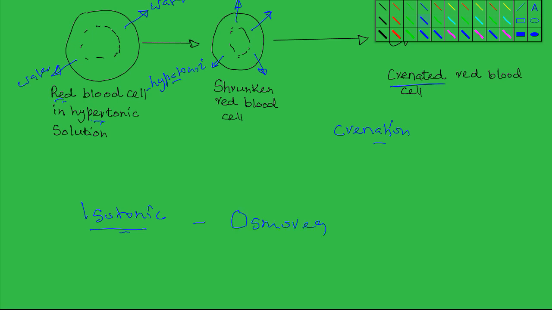Water relations in plant cells. We first review the structure of a plant cell. A plant cell consists of a cell wall. Now this cell wall is made up of cellulose. The cellulose makes the cell wall rigid, strong and resistant to stretching.